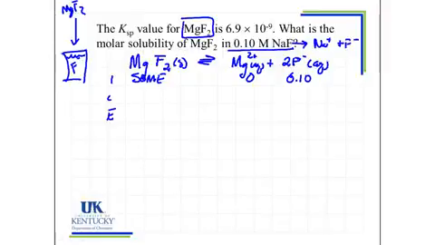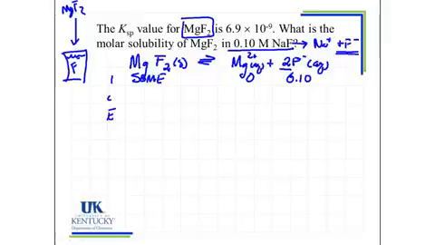Now, a common mistake that I see students making is to try to incorporate this 2 somehow. It does not come into play in the initial line. It has nothing to do with the initial line. That 2 has to do with the reaction taking place, and that's always in the change line. So you're just plugging in 0.10 because you know right now, before anything happens with the magnesium fluoride, that there's already some fluoride present.